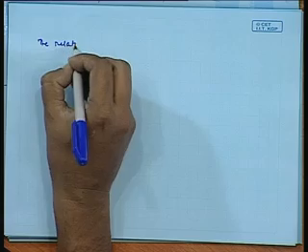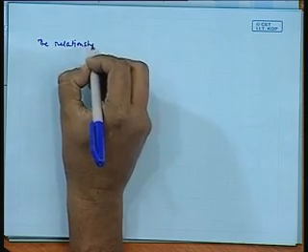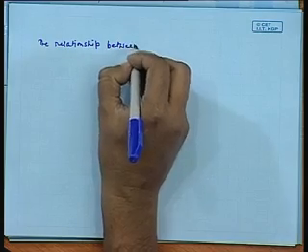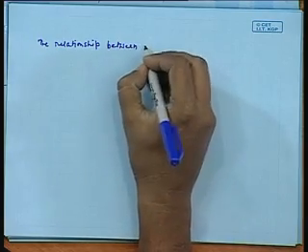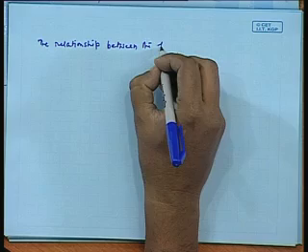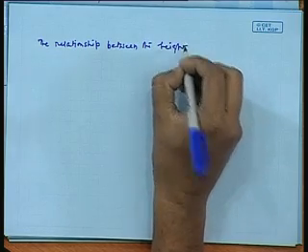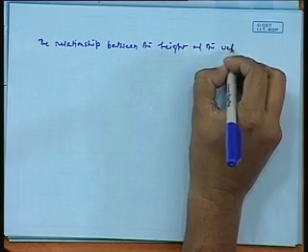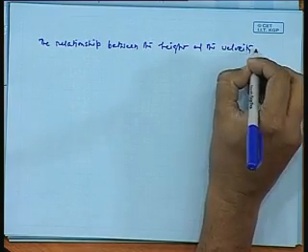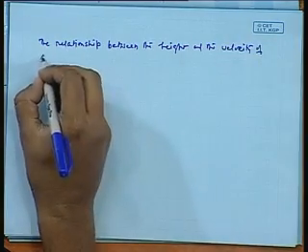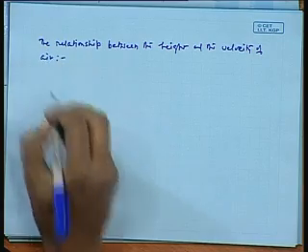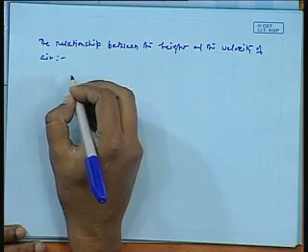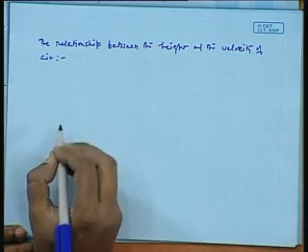relationship between the height and velocity of air. The relationship between the height and the velocity of air. See here, this is what would be quite important for all of us.